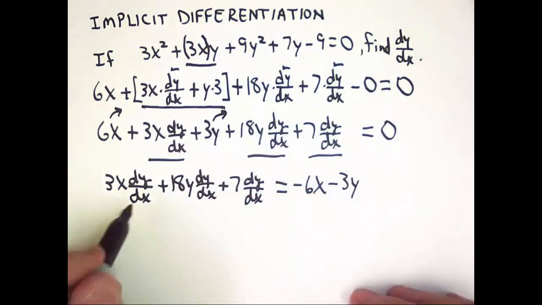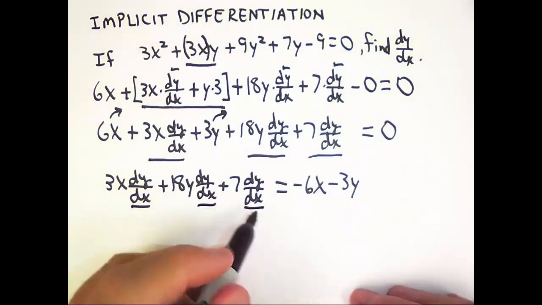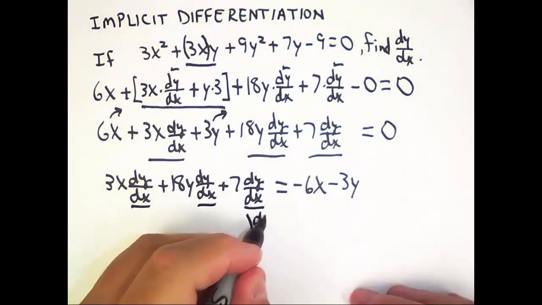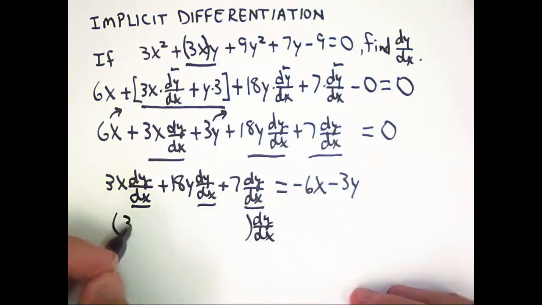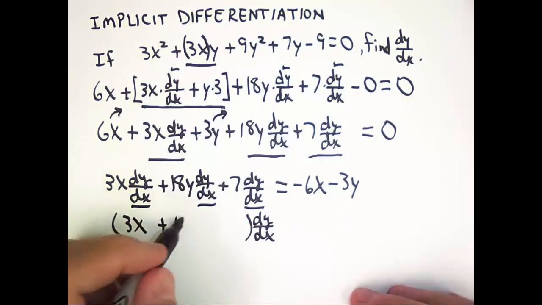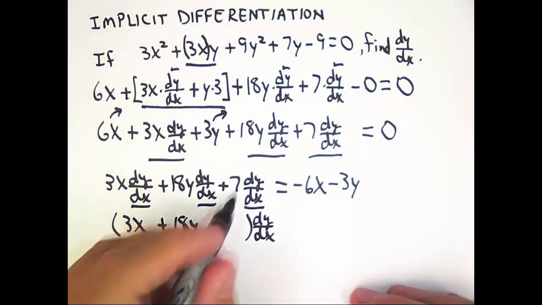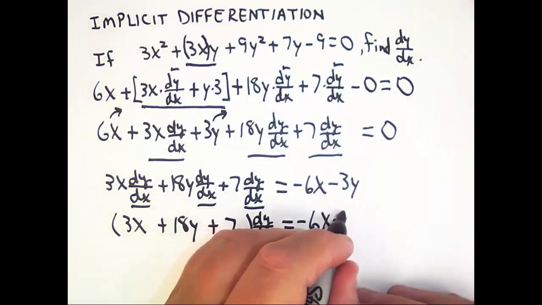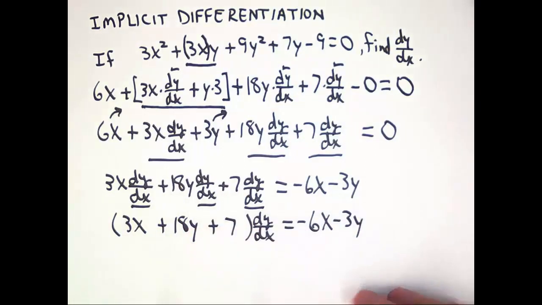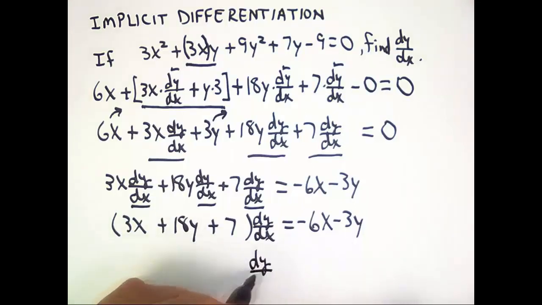Now that I have dy over dx in every term on the left, I can factor it out. So if I factor a dy over dx out on the left, I'm left with a 3x from this term, an 18y from this term, and a 7 from the final term. Now if I divide both sides by this quantity on the left, this 3x plus 18y plus 7, I'll have dy over dx.